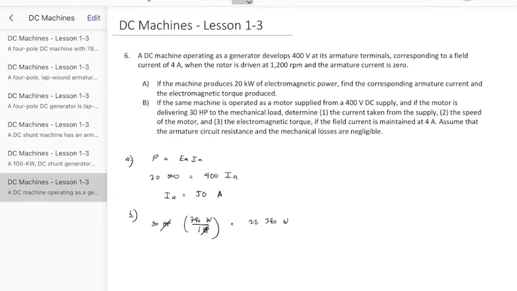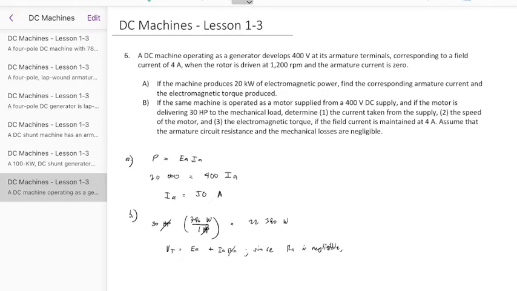So ang atong VT or terminal voltage, isolve na to, gikan diha ang ato ang EA. VT is equal to EA plus IA RA for a motor. So since armature circuit resistance is negligible, so let's assume na wala na siya naga-exist.